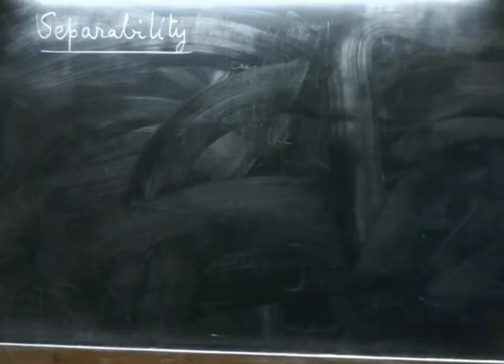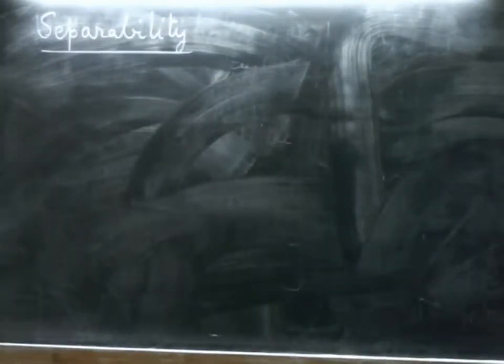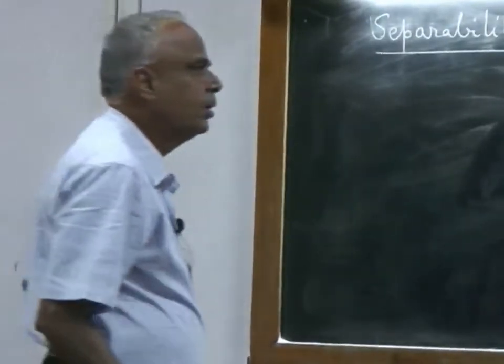So that's with respect to linearity and with respect to continuity. And as in vector spaces, we would like our sampling set to be as small as possible. And that's what we are going to do.